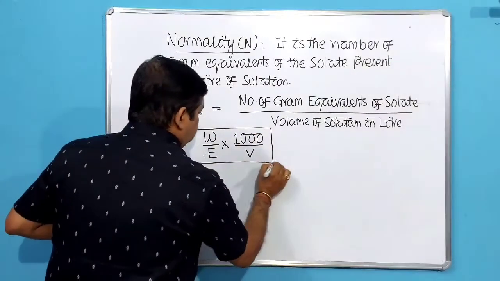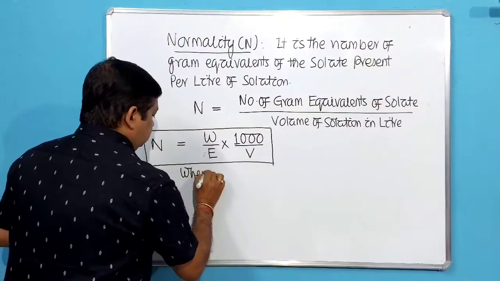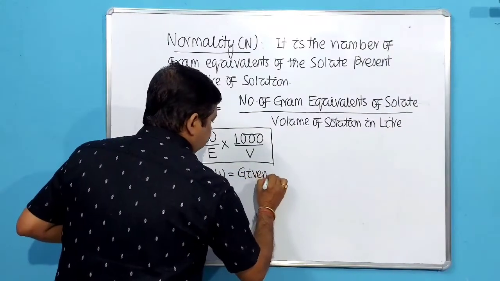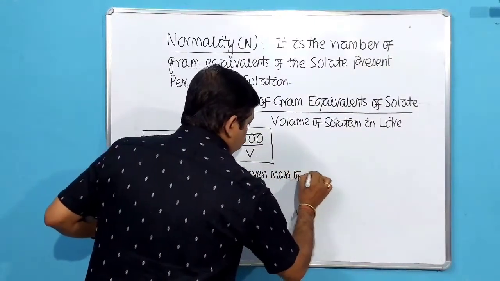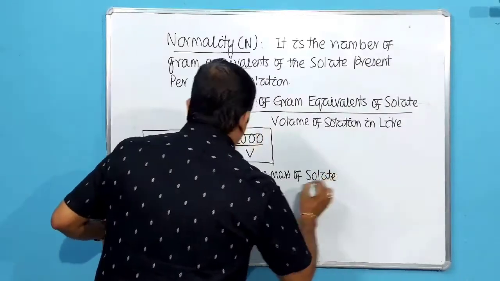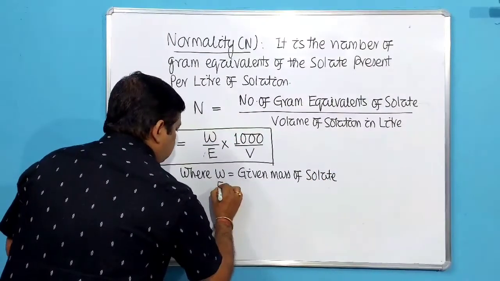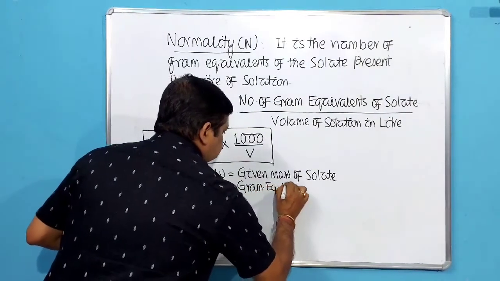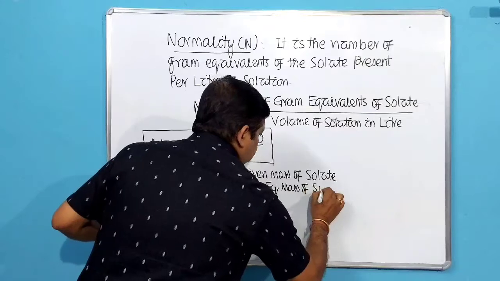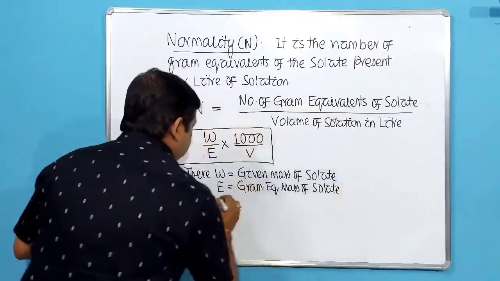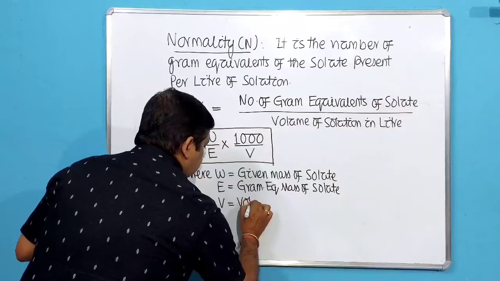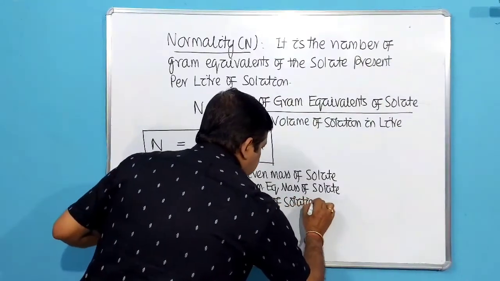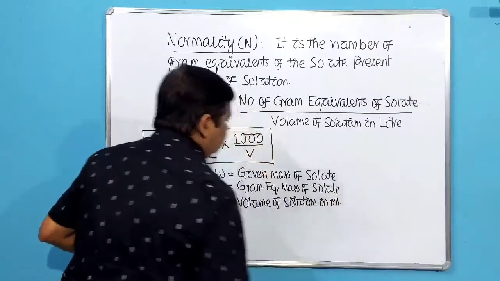Where W is the given mass of solute, E is the gram equivalent mass of solute, and V is volume of solution in milliliter.